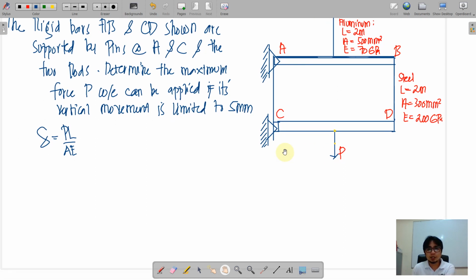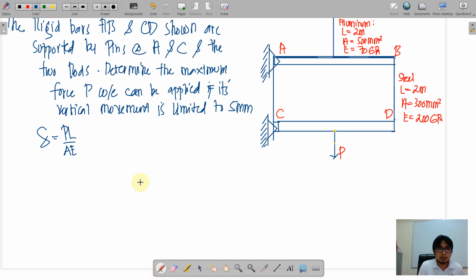So the first step to apply this formula is, of course, to get the forces out of the free body diagram. So let us illustrate now our free body diagram.